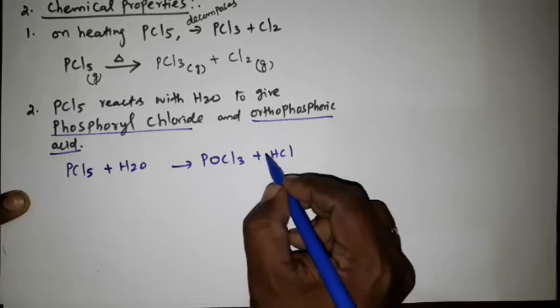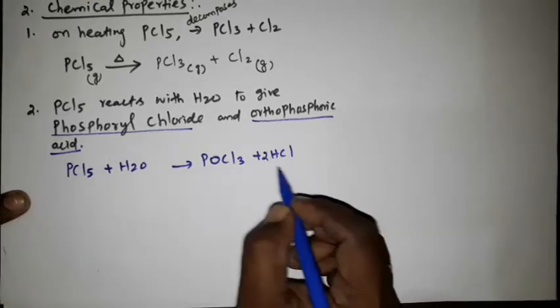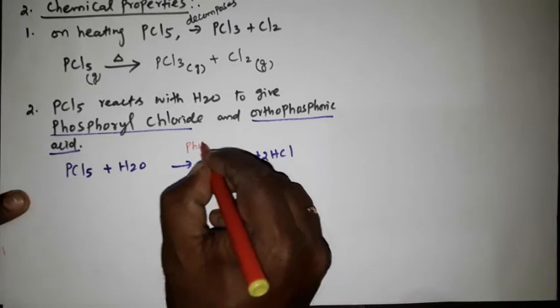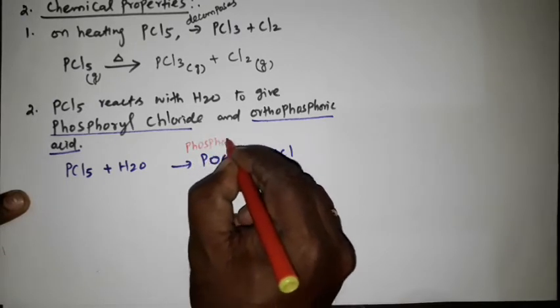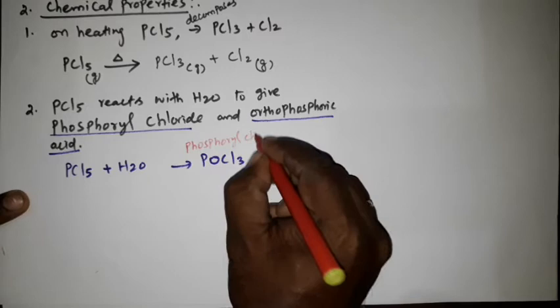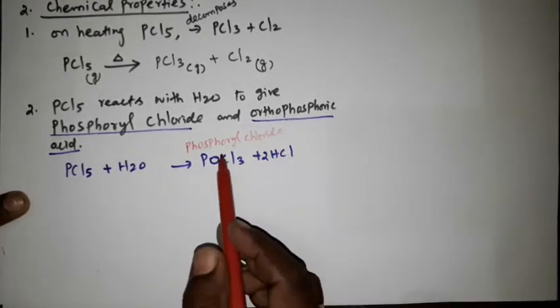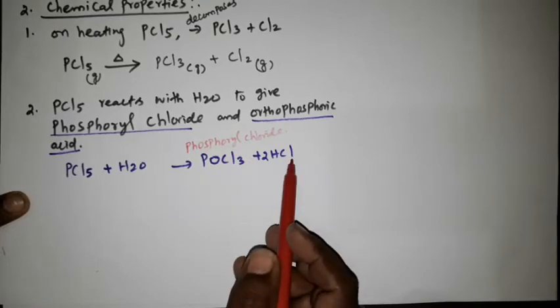Okay, balance the equation, put 2 here. Now the equation is balanced. POCl3 is phosphoryl chloride plus HCl.